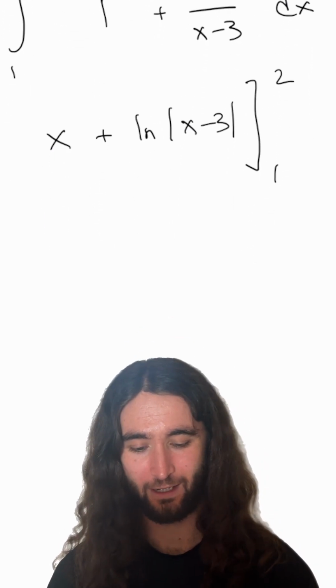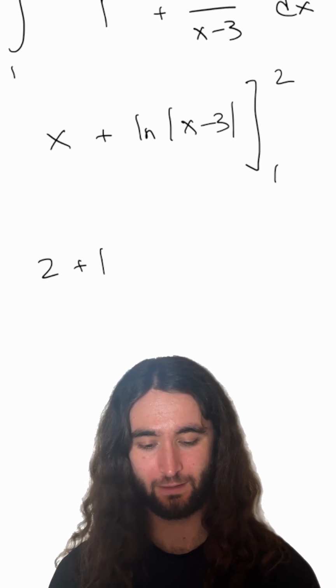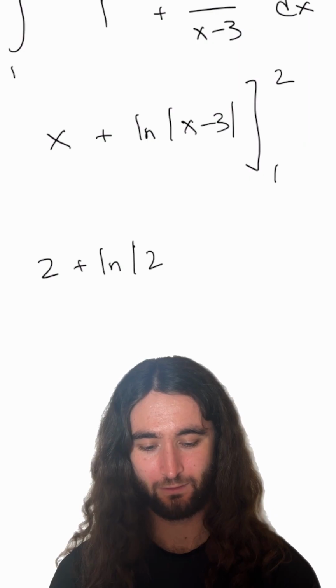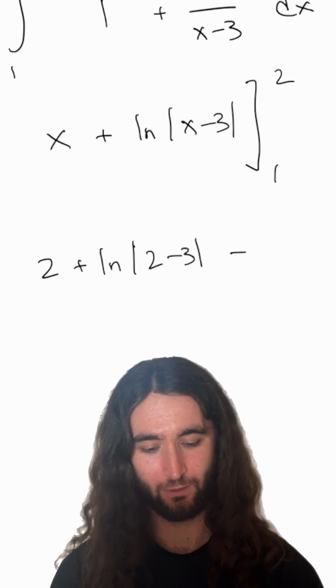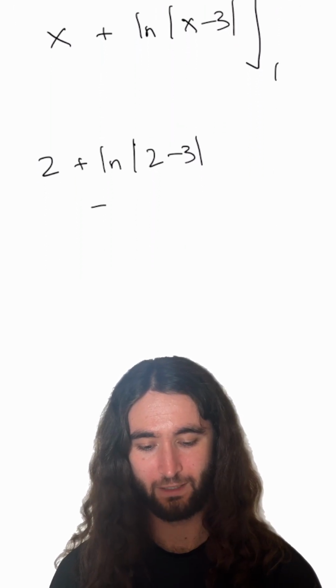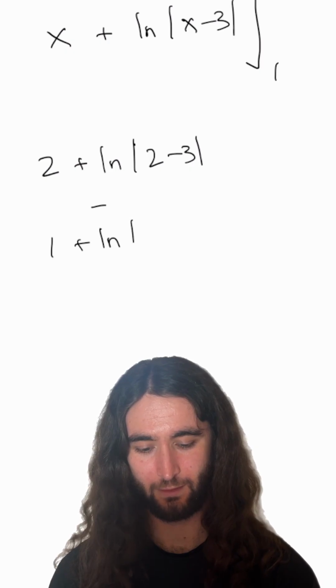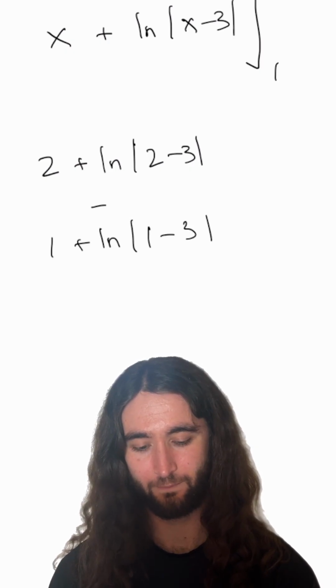And so then if we calculate that out, that's going to be 2 plus the natural log of 2 minus 3, minus, let me do that on the next line, 1 plus the natural log of 1 minus 3.